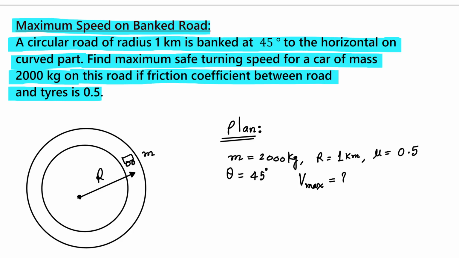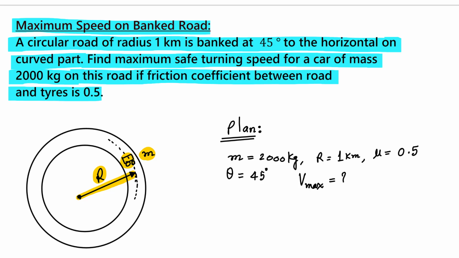So let us plan this problem. What we have in this case is a mass m, and this is the car, and this is moving on a circular track, and the radius of the circular track is given. So this radius is r. And this is the vehicle, the car, and this is basically moving in this circular track.